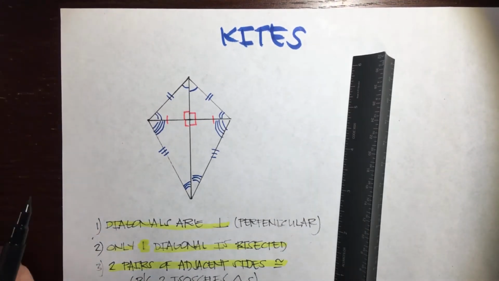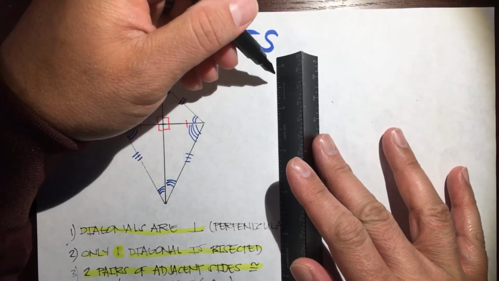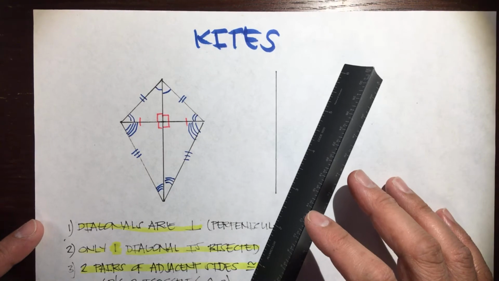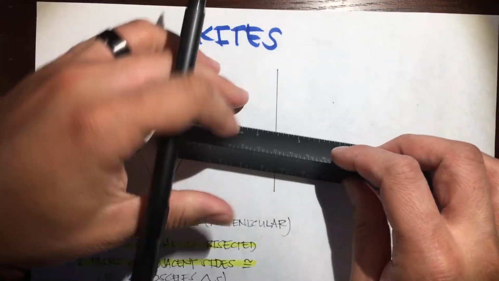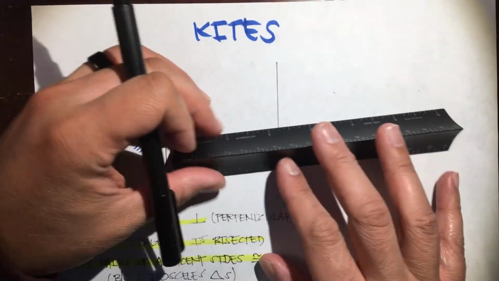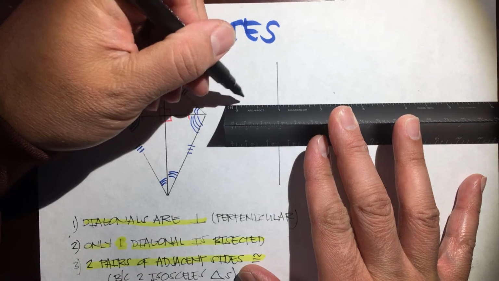Yeah. Okay. And one more thing I want to show you about kites. Let's just draw that diagonal right there, the vertical one. And then let's draw, we're not going to draw the horizontal. I just want us to get the points.